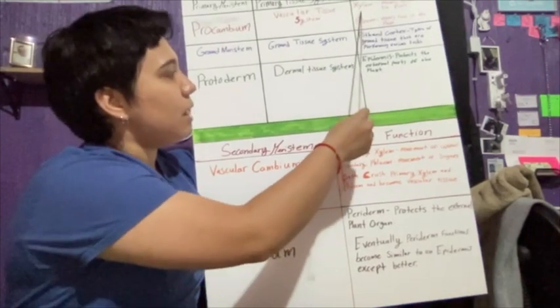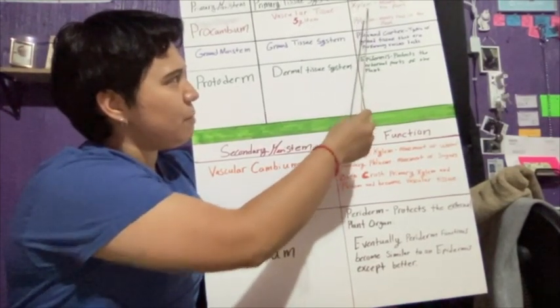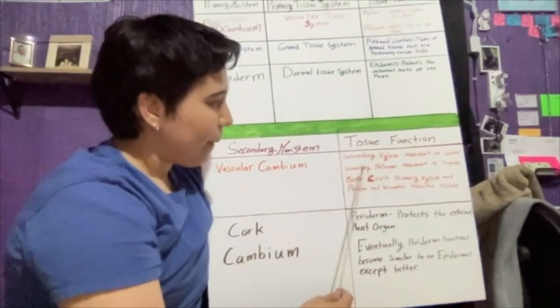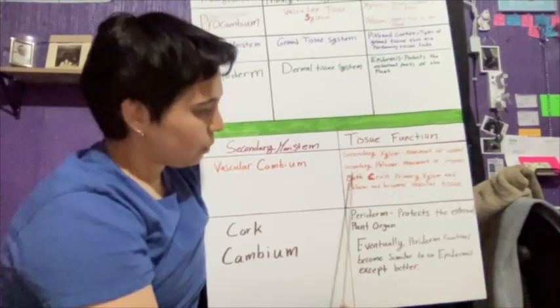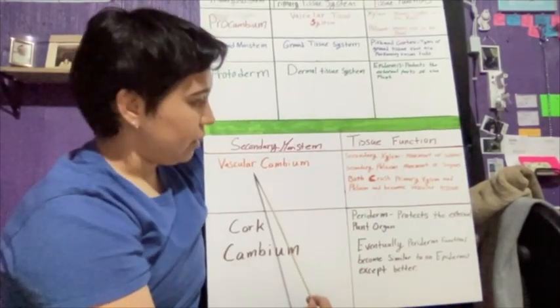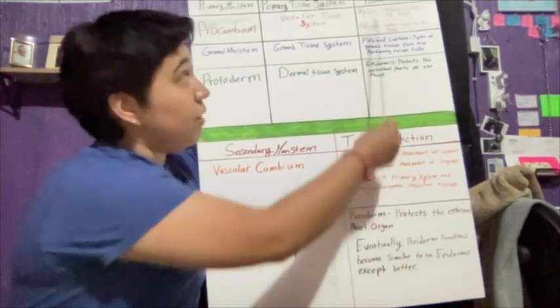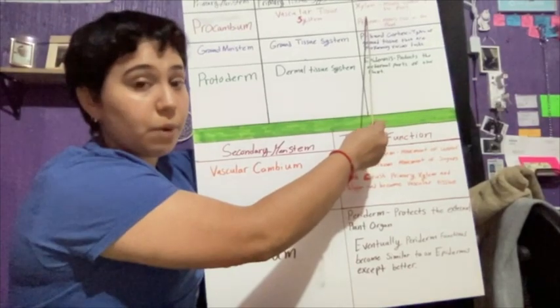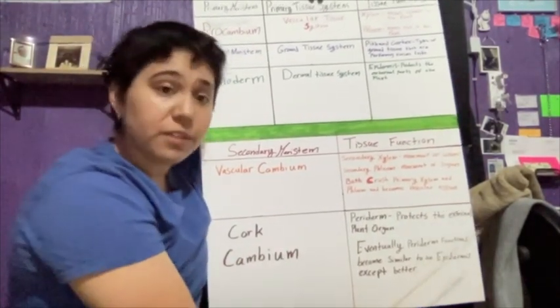It has xylem and phloem, but they're secondary. They do the same thing on both. But in secondary growth, these two can basically crush the primary versions of themselves to create functional vascular tissue.